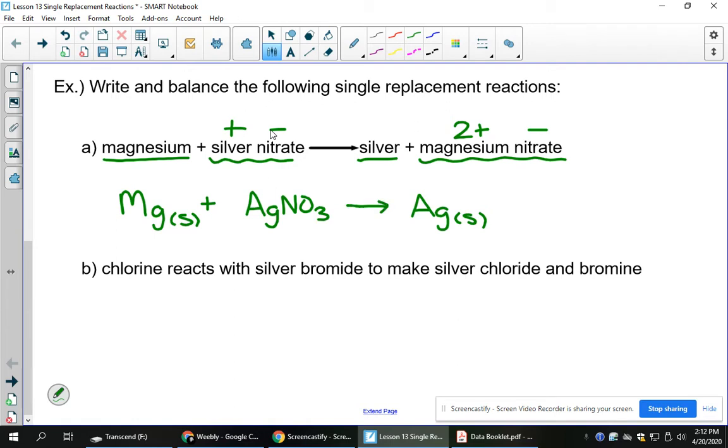Magnesium nitrate, the charges don't balance. So I'm going to write magnesium and nitrate, but I need to cross the charge of +2 behind nitrate. Since nitrate is polyatomic, it has nitrogen and oxygen, I need to put it in brackets before I write the 2 behind it.